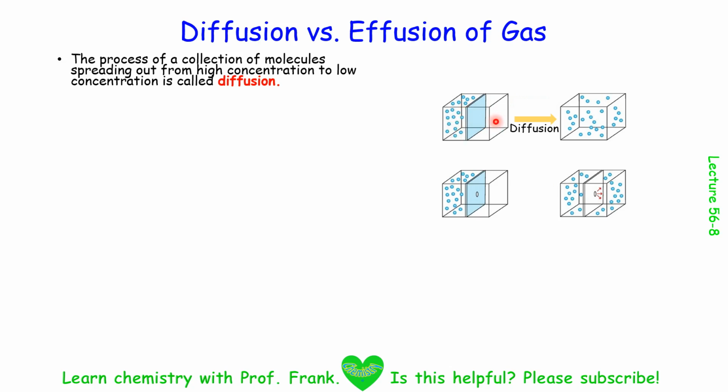So the gas particles should move from high concentration to low concentration. So the concentration in any part of this container is the same, unlike before we removed the divider. Here is very high on this side, here is zero. All right, so that's diffusion.